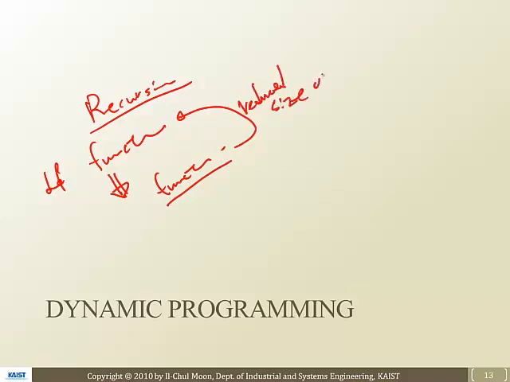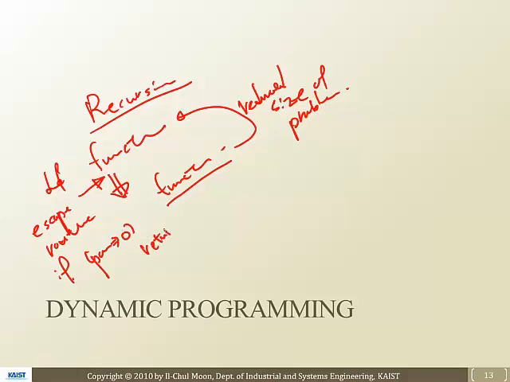size of problem, right? And in the middle, what we want to see here is that we also want to have a base case, which is an escape routine, right? And this escape routine has an if statement: if the parameter becomes this, then we are going to return, right?